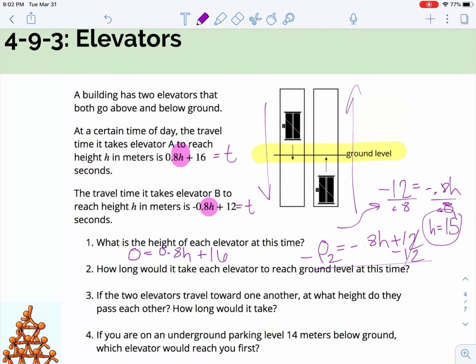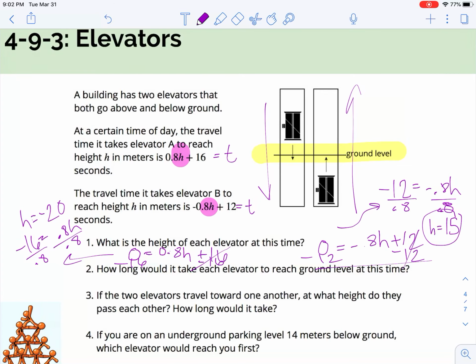So for the other one, you still got to go minus 16, cancel that out. And then you've got negative 16 equals 0.8h. And then divide by 0.8, divide by 0.8, and you get 16 divided by 0.8, which is 20. So h equals negative 20.